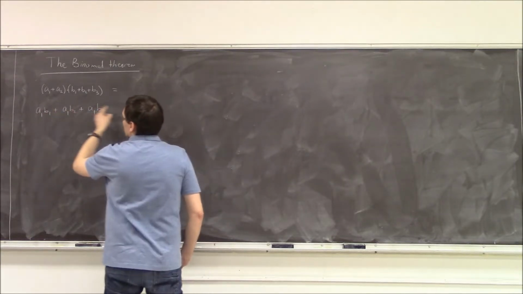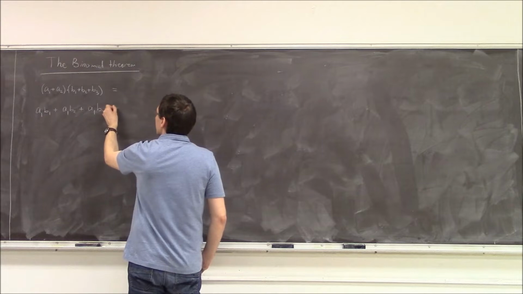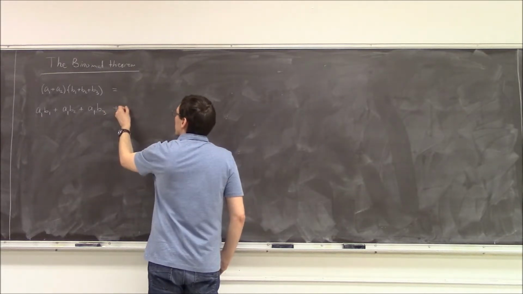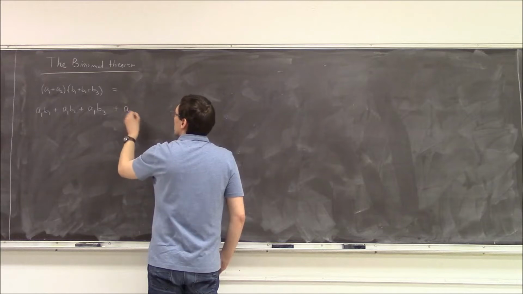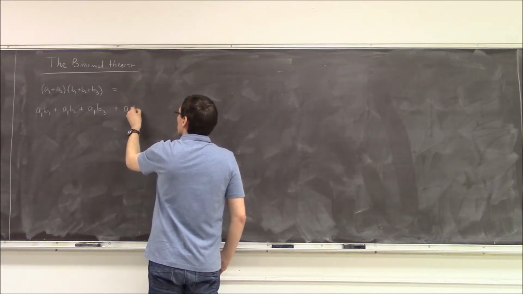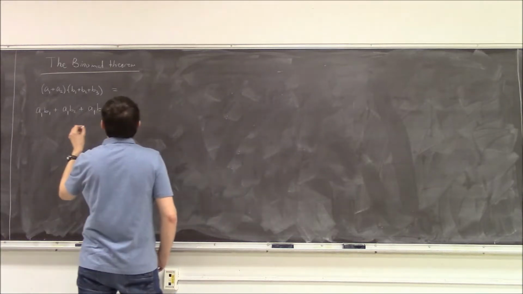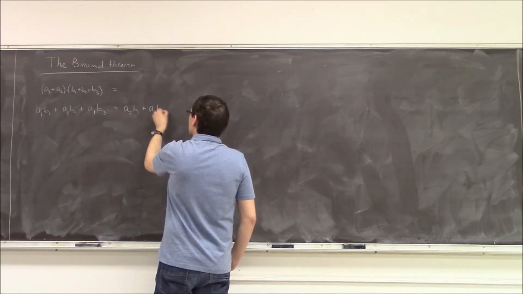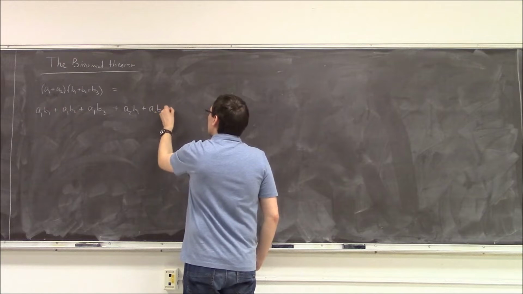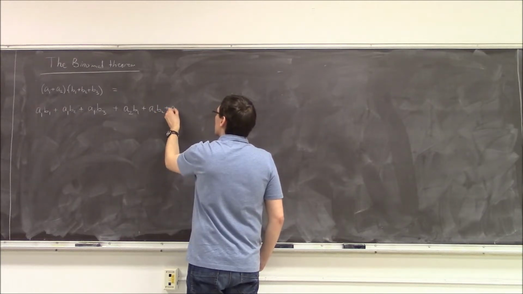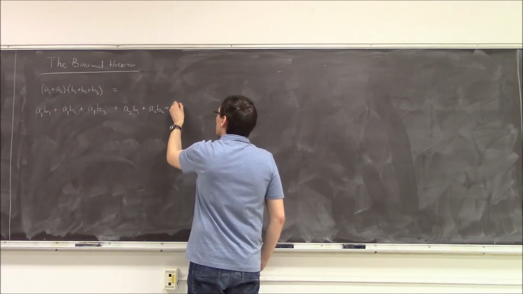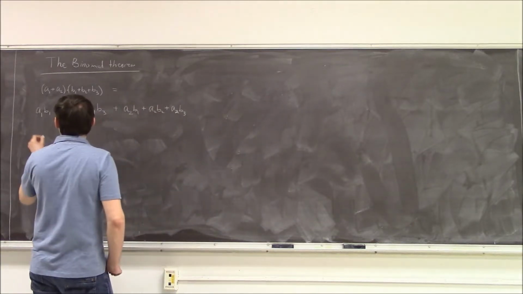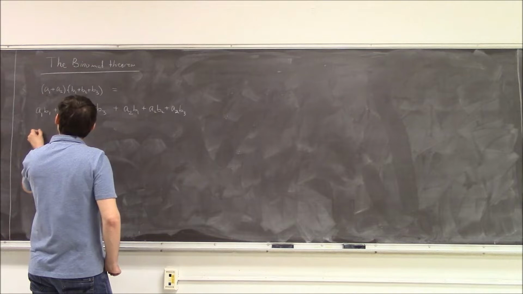So those are the possibilities involving a1, now the possibilities involving a2. So it's a2 and b1, and a2 and b2, and a2 and b3.